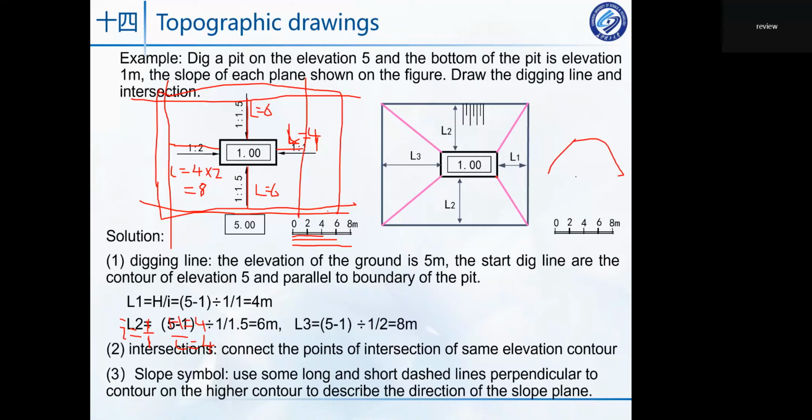So we have to use this symbol to represent the direction of the slope. It means that this point is higher than this one. The direction of the slope.